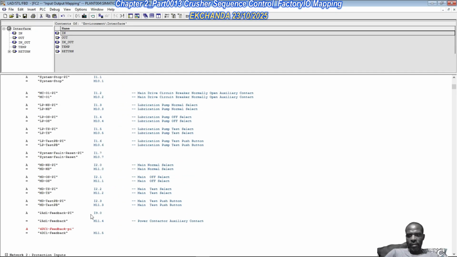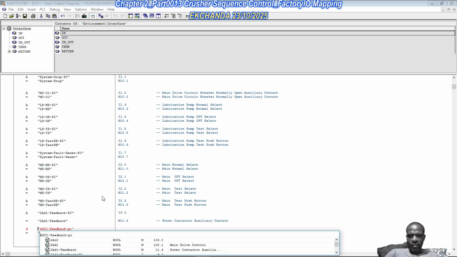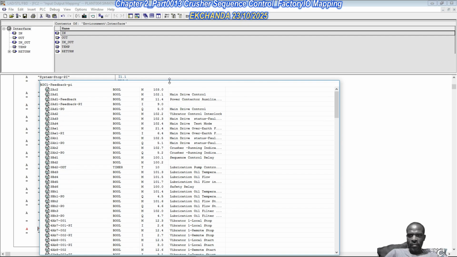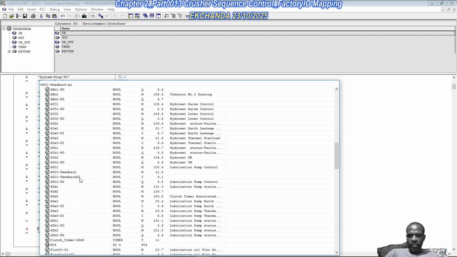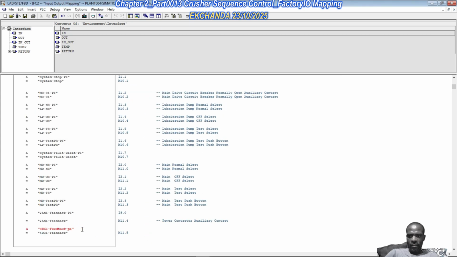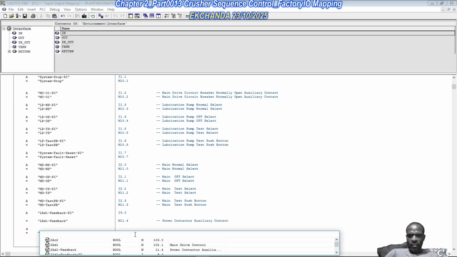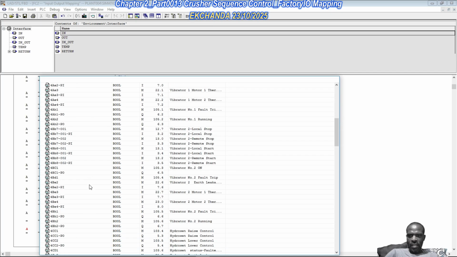okay, so 4DC1 peripheral input. 4DC1 feedback.